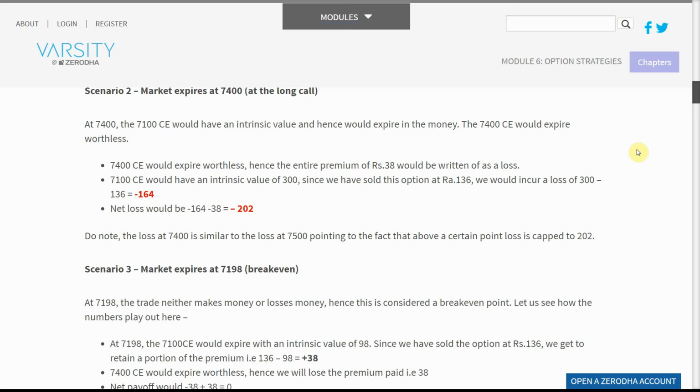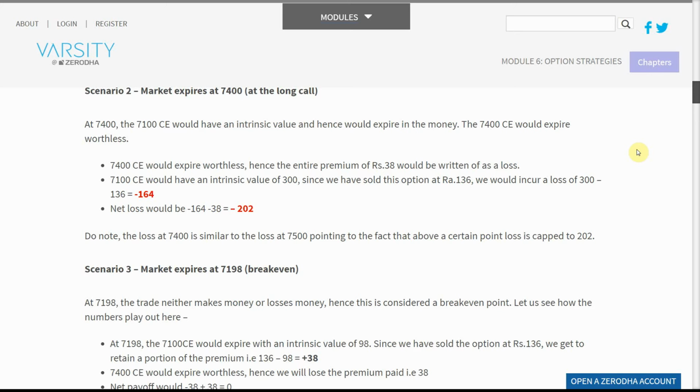At 7,400, the 7,100 CE would have an intrinsic value and hence would expire in the money. The 7,400 CE would expire worthless. Hence, the entire premium of 38 rupees would be written off as a loss.